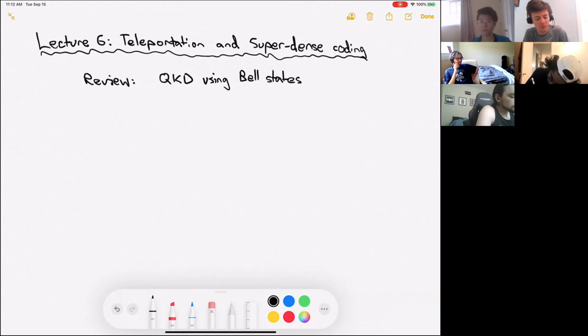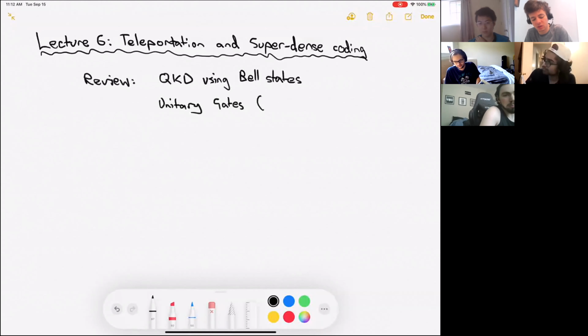Okay, and then we moved on to talking about unitary gates. We had a load of examples. Pauli matrices. So X basically acts as a NOT gate, taking 0 to 1 and 1 to 0. Z acts as what's called a phase flip, applies a phase of -1 if the state is 1 and not otherwise.